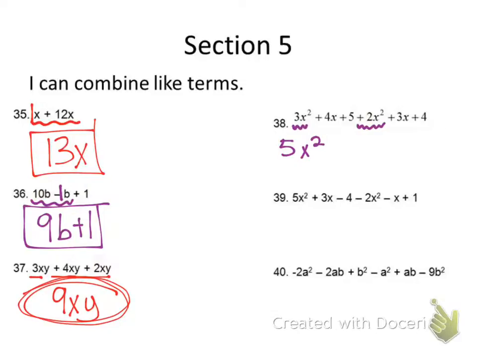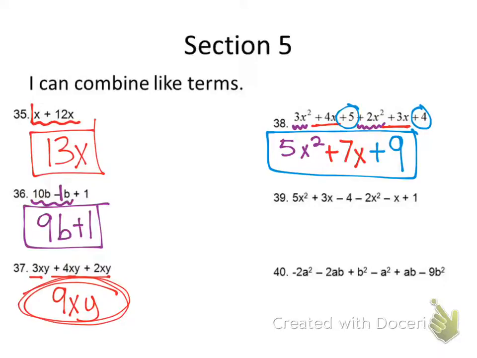Wonderful. The x's, so I'll have 7x, and that's positive, so plus 7x. And then I have the 5 and the 4, which gives me a plus 9. Very good. Sometimes students forget the plus sign, so I might have that as an option too, like 5x squared, comma, 7x, comma, 9. Who knows? Be aware. Any questions?